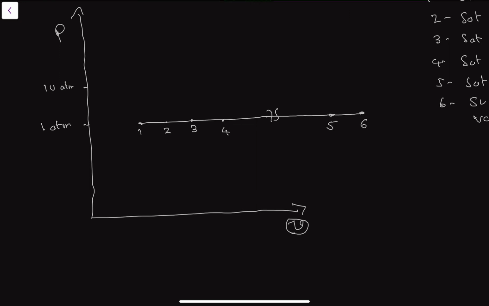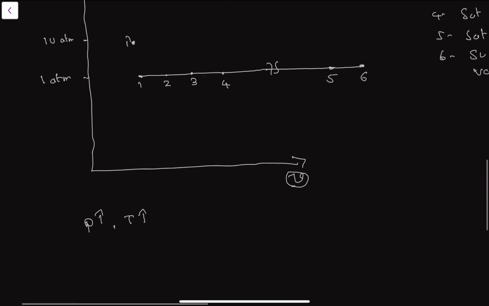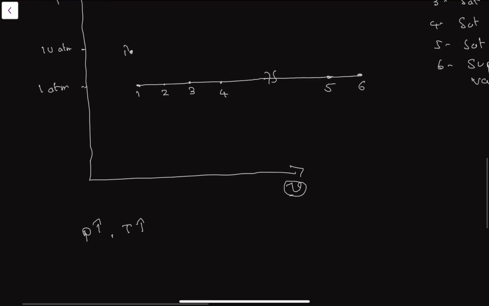For example, at state 1, at a higher pressure, will this 1 dash be slightly to the left or to the right? To understand this, you need to note that when you increase the pressure, the temperature will also increase.